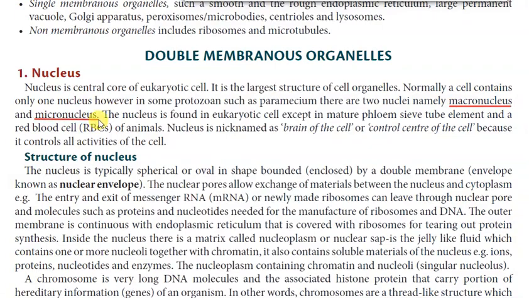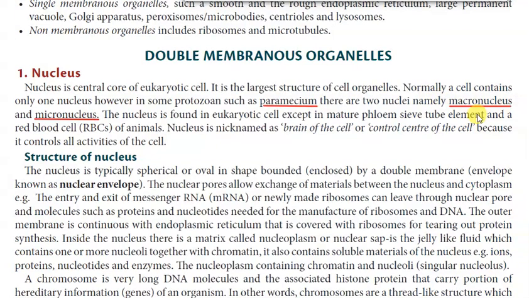We discussed why we have two nuclei in Paramecium when we were discussing the factors limiting the cell size. We said that in Paramecium the cell is large, so in order to maintain all activities of the cell, the nucleus must divide into two.